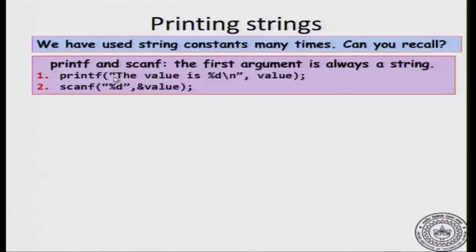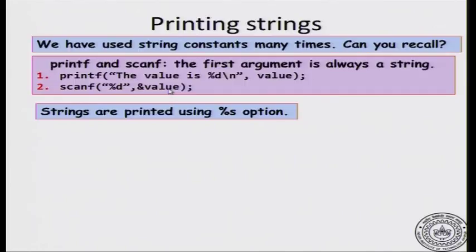So, the first argument is a string constant followed by all the arguments we want to print. Similarly, even for scanf, we had a format specifier enclosed in double quotes. That is a string constant, and then you say &value.